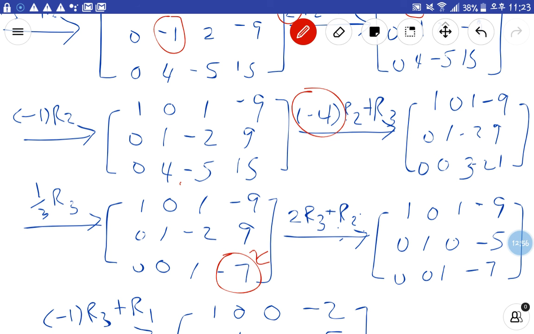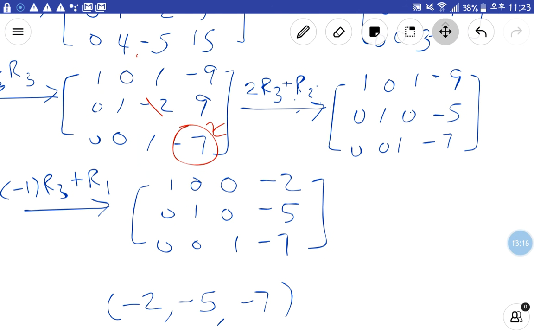Now what? I need to keep going until I have a 1 0 0, 0 1 0, 0 0 1. So I'm going to times 2 on my third row and add to my second row so that you can cancel out this negative 2, right? So you got negative 5 here. That's going to be your y. And then your last part, 1 0 1. I need to cancel this 1 out.